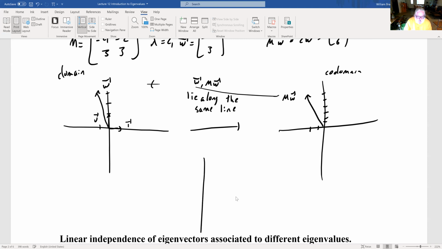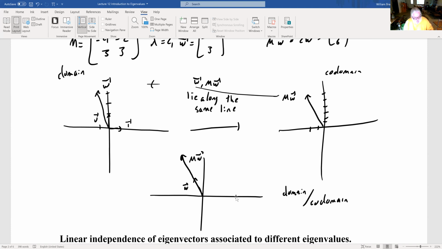And we say, okay, well, if we put them both on one graph, then W is like this, and MW is like that.